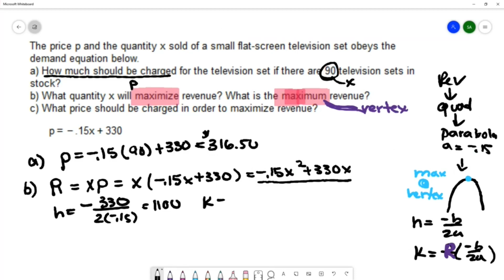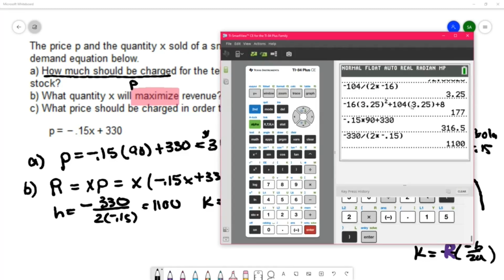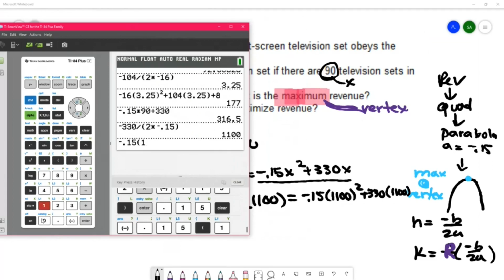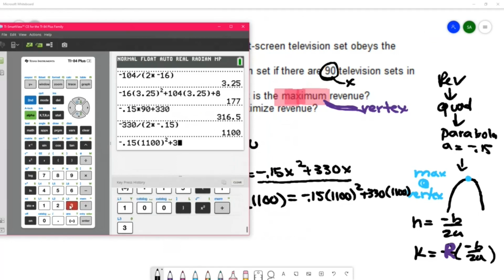And then k is the revenue at 1,100 units. Negative 0.15 times 1,100 squared plus 330 times 1,100. We'll type that in the calculator as well. That should be negative 0.15 times 1,100 squared plus 330 times 1,100.